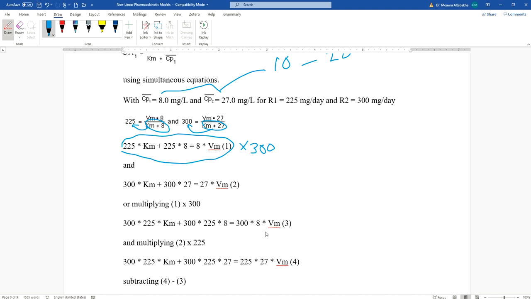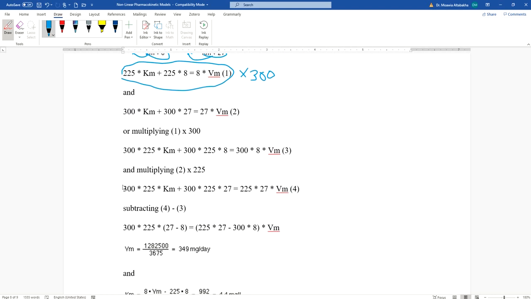Now I can do the same thing with the second equation, but in this case I want to multiply it by 225. See, I multiplied one by 300 and the other one by 225.